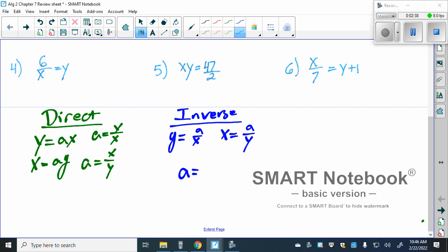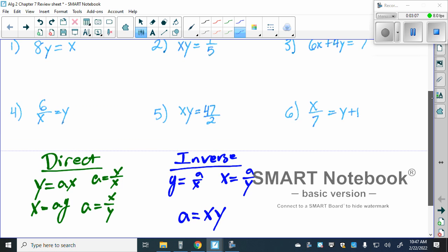And also, just like with direct variation, we can get both of the variables on the same side by using our properties of multiplication and division, which gives us this here. Now, unlike direct variation, we don't have 2 examples for this here, a equals x times y. Because, I mean, I could change it and say a is equal to y times x. But that's the exact same thing. It really doesn't give us a different form or something else to look at.